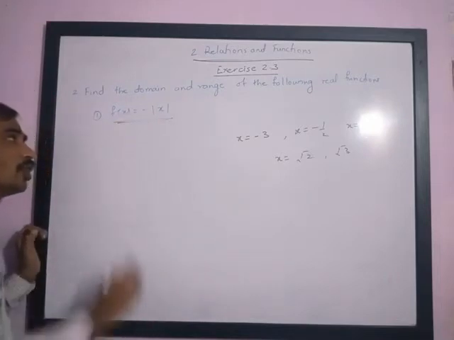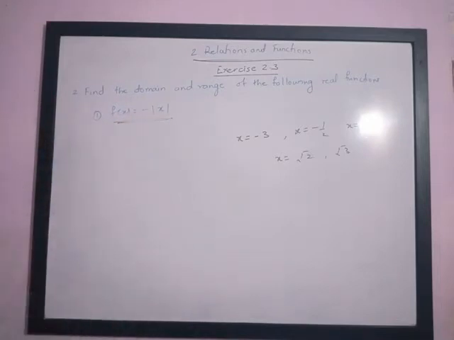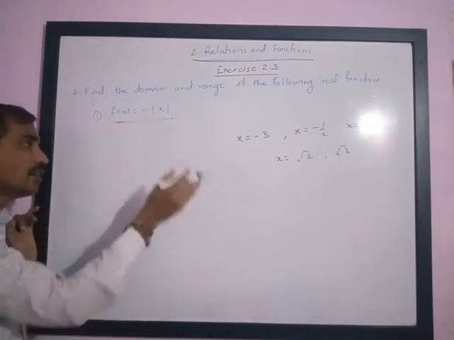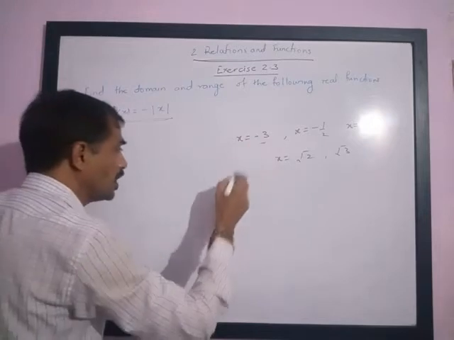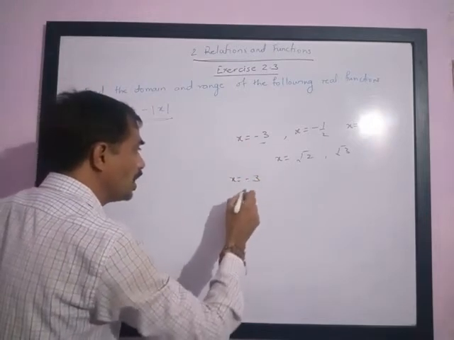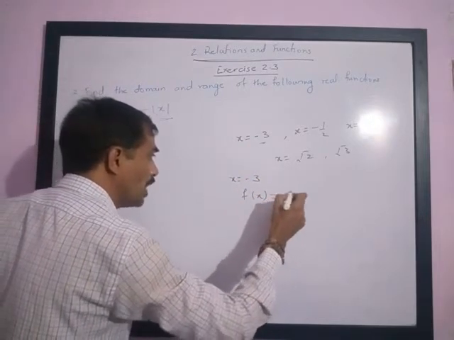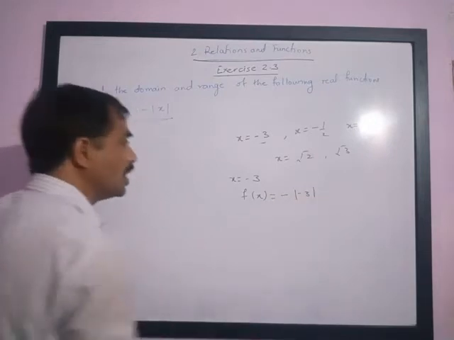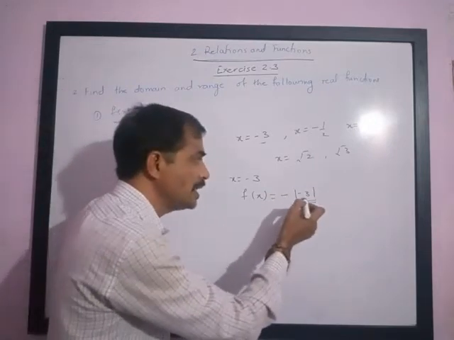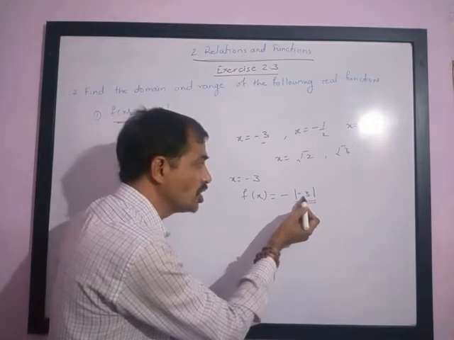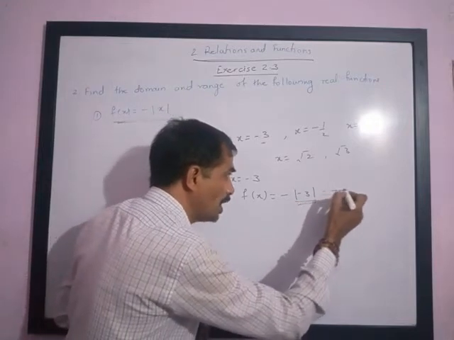f of x is equal to negative absolute x. Negative mod of x means what? Let us try to understand. If x is equal to negative 3, f of x is equal to minus of mod of minus 3. The mod of minus 3 becomes positive 3, so this is equal to minus of 3.